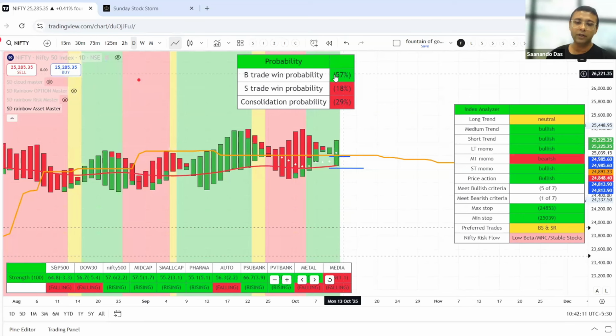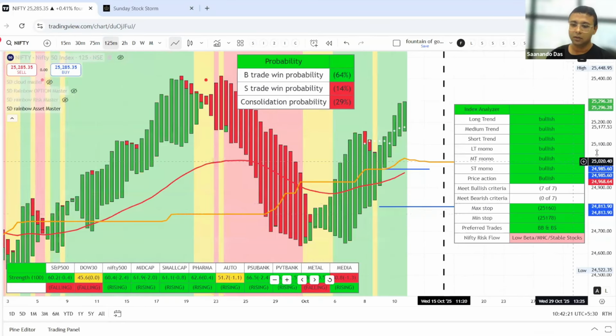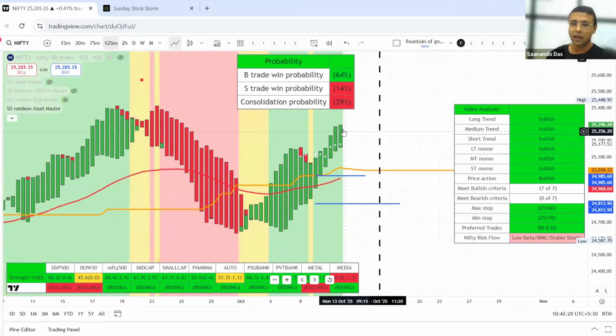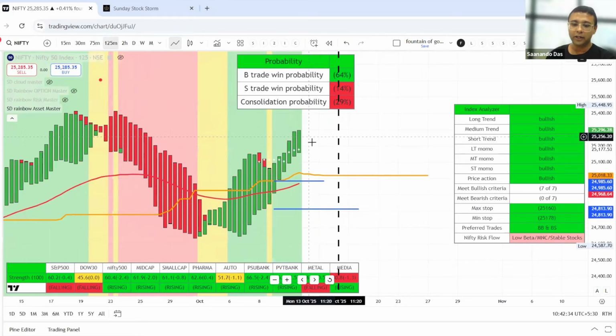Buy trade win probability is lower on the daily chart, at 57%. Let's go to the more short-term chart, that is the 125-minute chart, and we have seen strong bullish movement so far. Now, if the bears win in the initial part of next week, it will try to correct, and the base is around the 25,000 area.